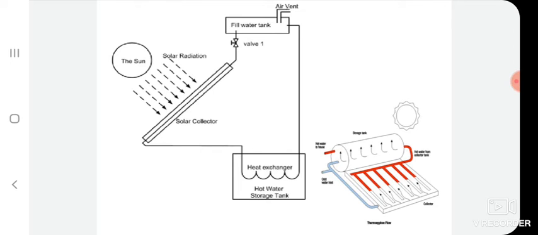If the collector is hotter than the water in the tank, this prevents the circulating pump from using electricity needlessly, because it prevents overheating.